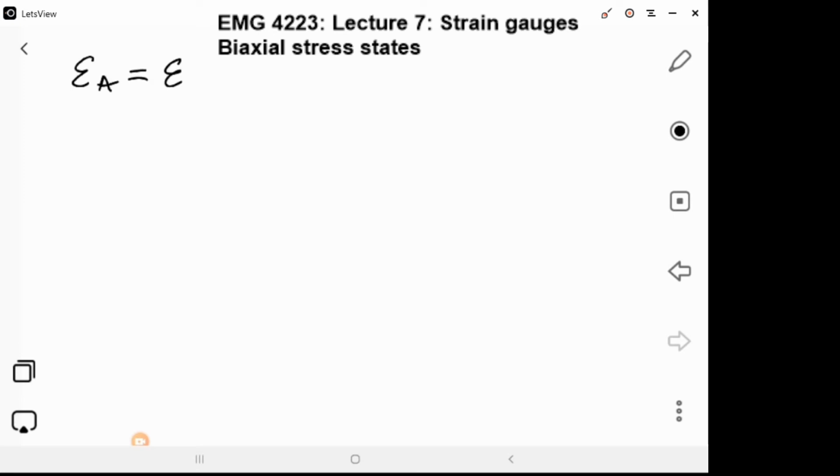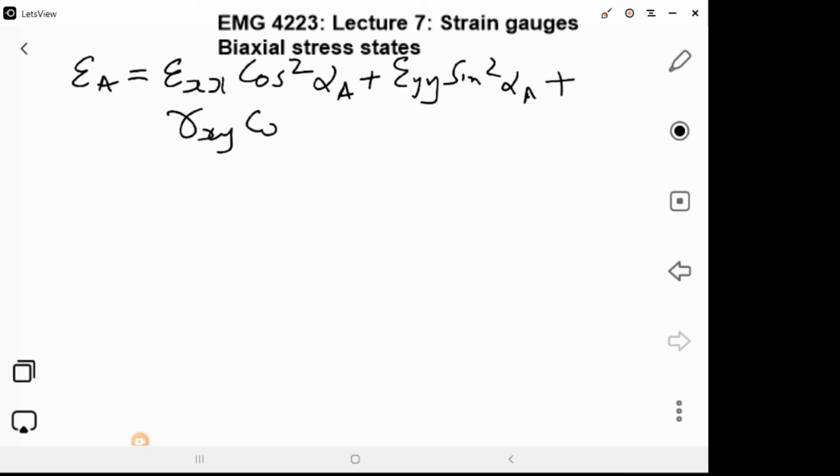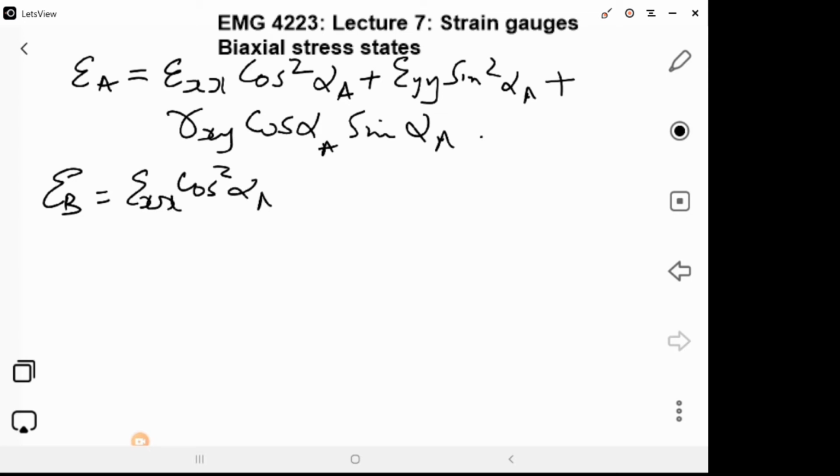The strain given by gauge A can be determined as: epsilon A equals epsilon xx cos squared alpha A plus epsilon yy sin squared alpha A plus the shear strain gamma xy cos alpha A sin alpha A.